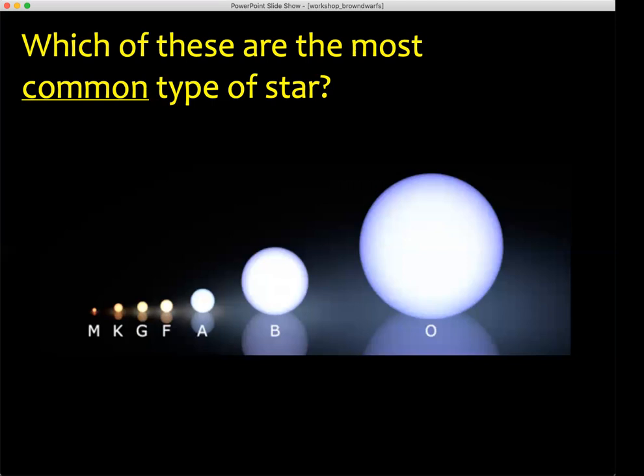What we're talking about right now is something called the mass function. Mass function is a fancy name for the number of stars as a function of mass. And what you've touched on is there's a difference between the initial mass function, the number of stars actually formed as a function of mass, and the present day mass function. Because you're absolutely right. These stars only last for maybe a million years, a couple tens of million years. They'll die off pretty quickly. So even if we formed a lot of these stars, there's not a lot of them around anymore because they all die off. So that's a good point.